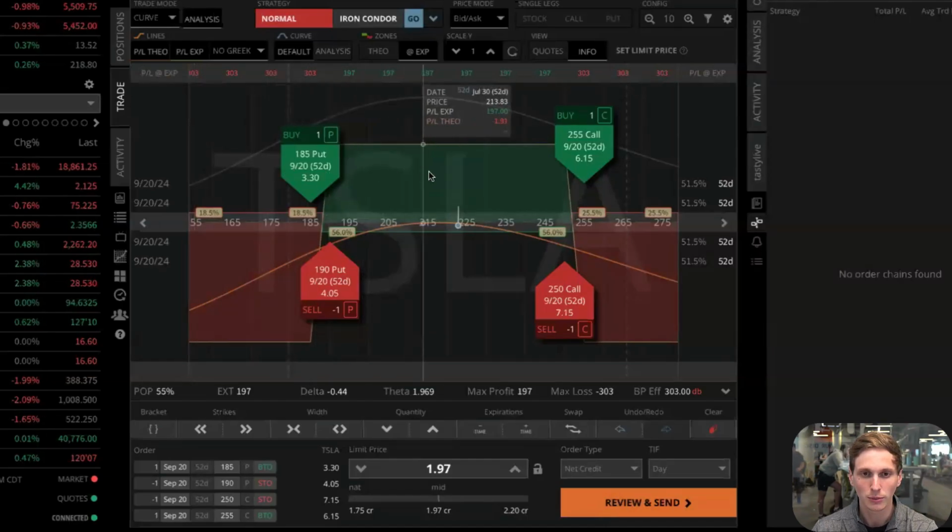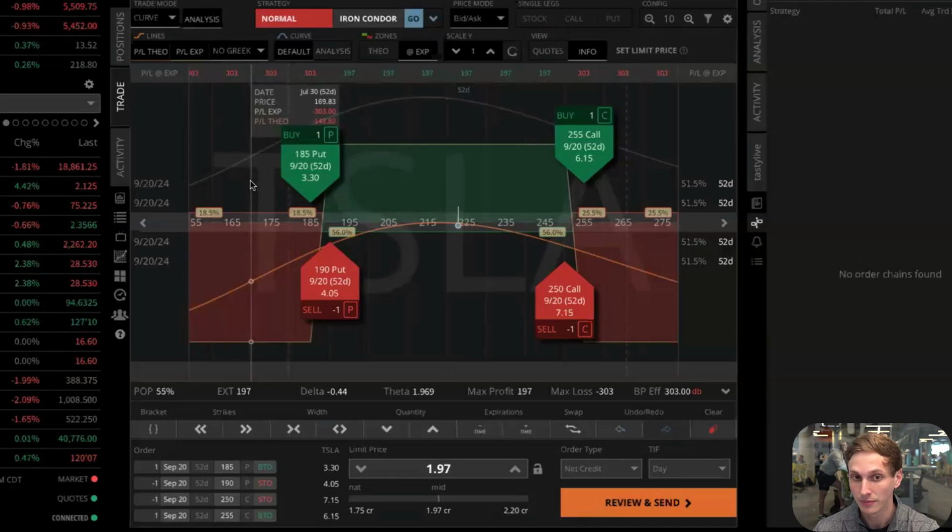But as I scroll my mouse back and forth, you can see that it has a price, P&L expiration, and P&L Theo. So if Tesla, when we open this trade, were to expire at $220 at expiration, we would have a profit of $197, or our max profit for this iron condor. Conversely, if it trades outside of our range to maybe a price of 170, that's where we're going to be at our max loss of $303.